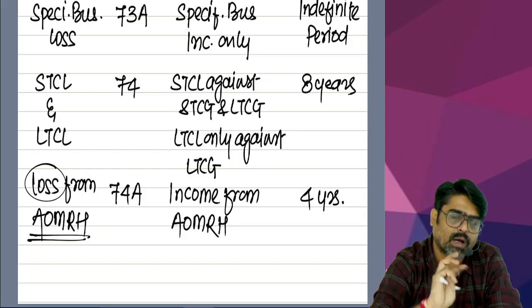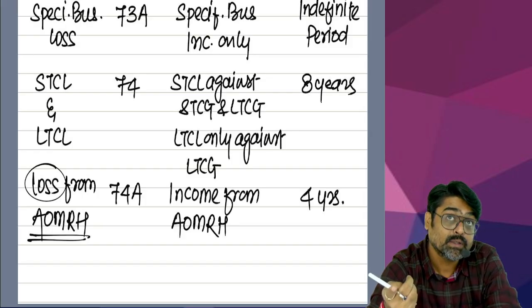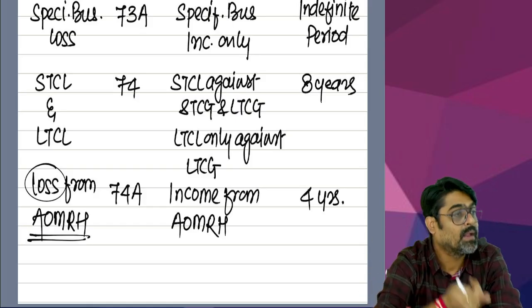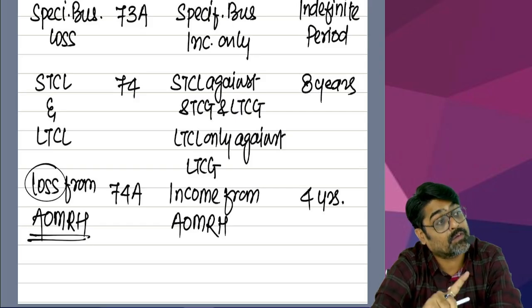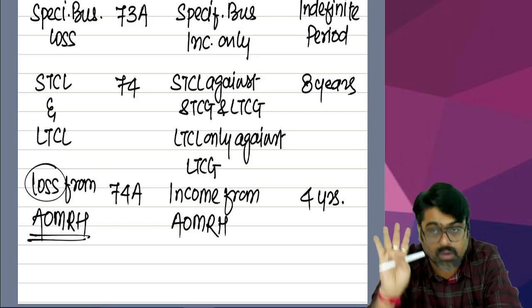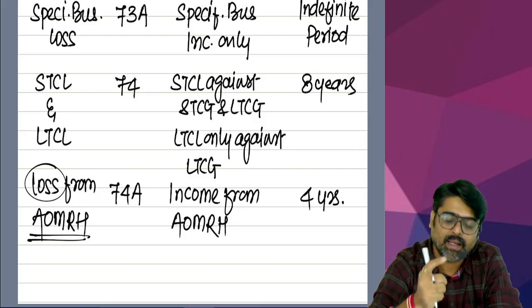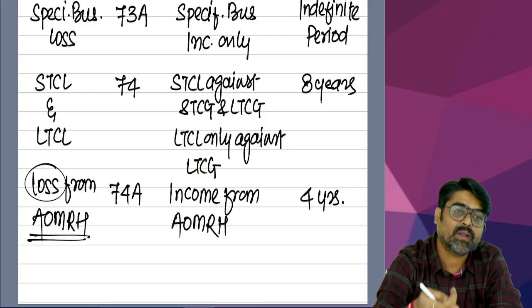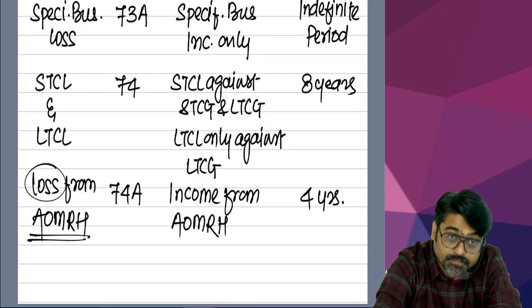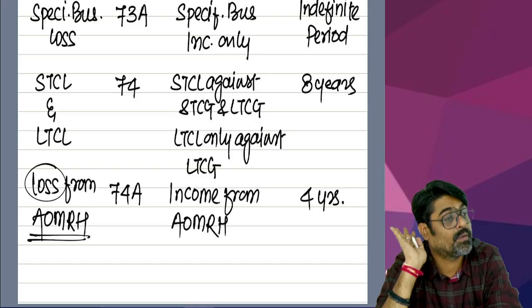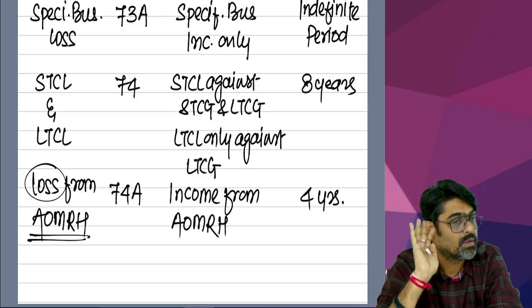Short-term capital loss after carry forward only against short-term gain as well as long-term gains in the future. Yes or no? Long-term loss after carry forward in the future only against long-term capital gains. Yes or no? And then the activity of owning and maintaining racehorses: loss from this activity after carry forward only against the income of such type of activity. Yes or no? Sure?